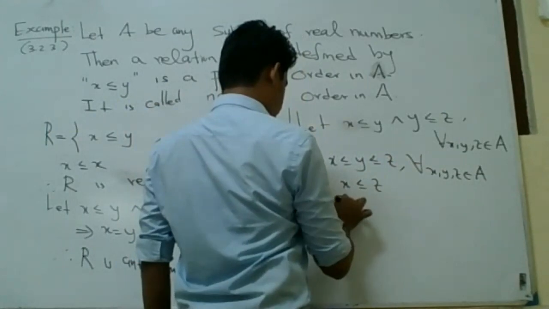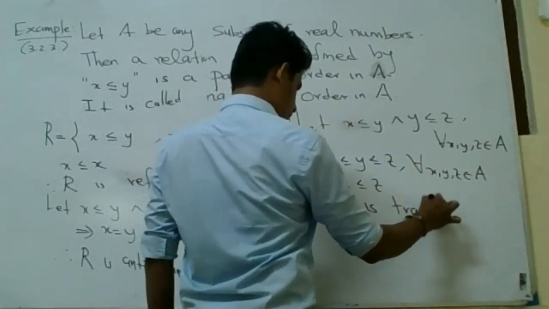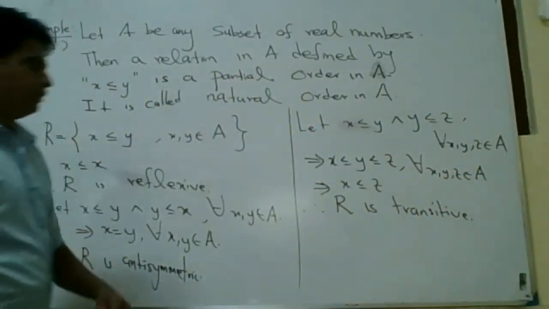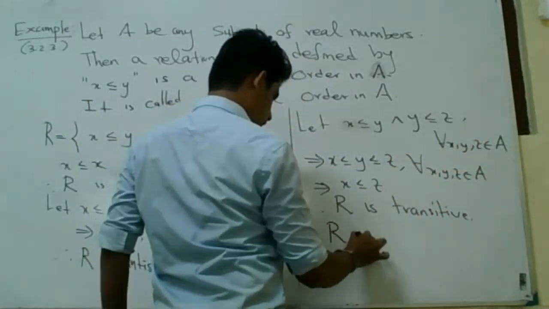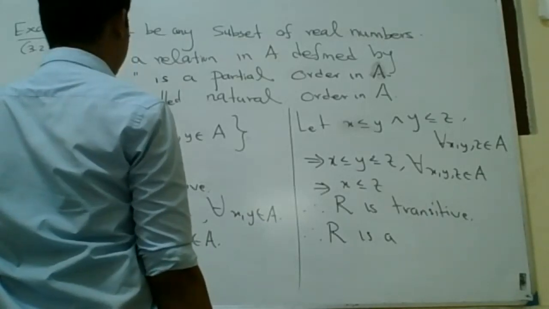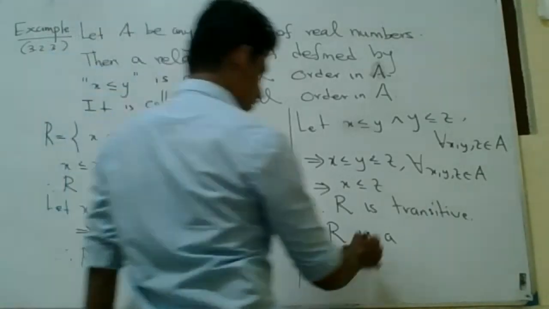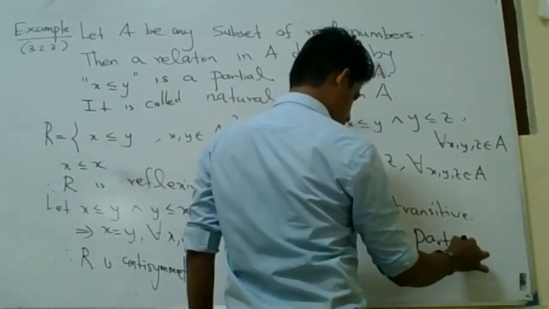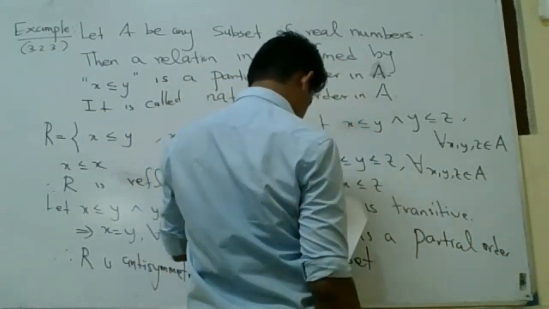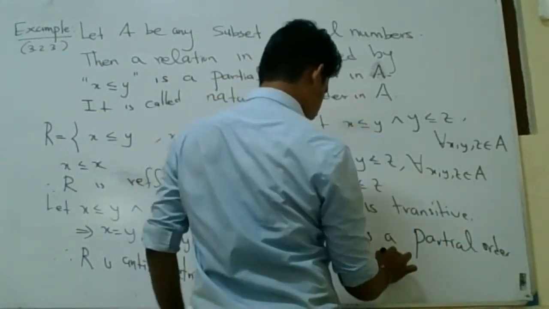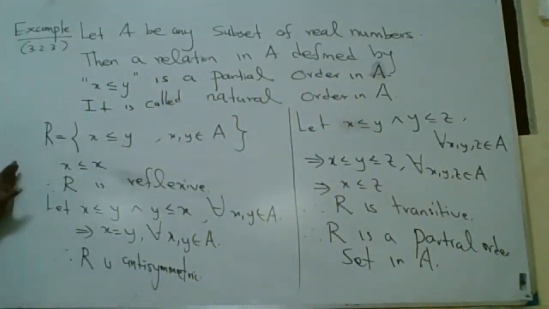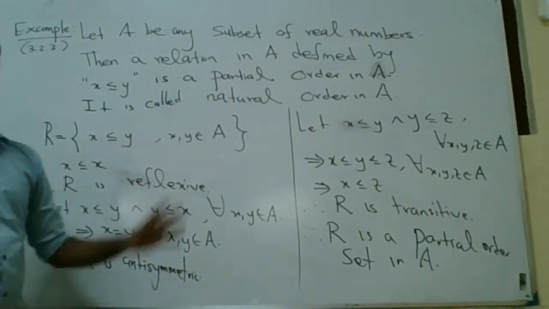This means R is reflexive, antisymmetric, transitive. Therefore, R is a partial order set in A.